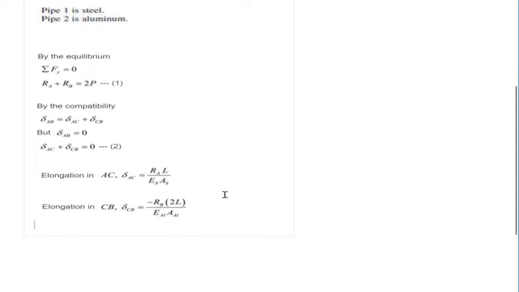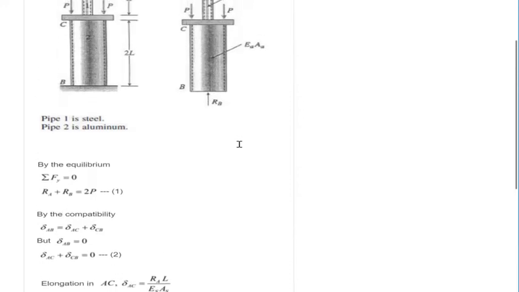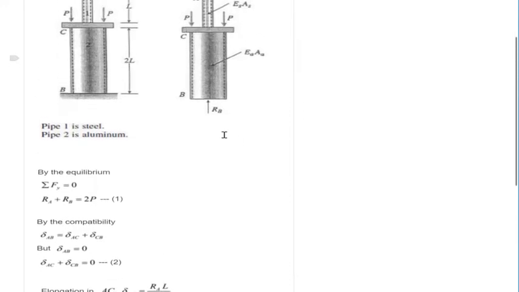Here we have the elongation of the aluminum minus the reaction of B times 2L divided by the modulus of elasticity of the aluminum times the area of the aluminum. 2L because it's the length of the aluminum, minus the reaction of B because it's the force from the aluminum to the wall, which would be contrary to this.